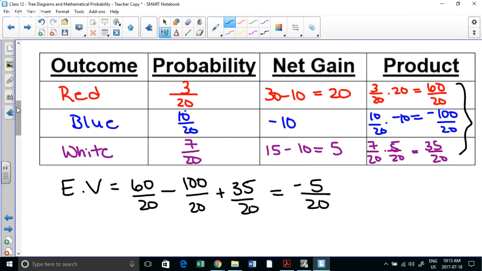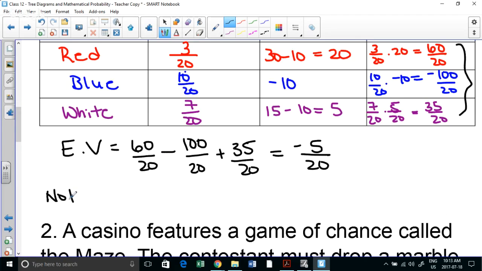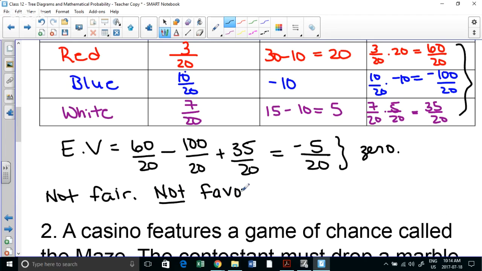So this game is not fair, because if it was fair, this would have been 0. So this game is not fair. It is not favorable to the player, because on average, we would expect to lose money because this is negative.